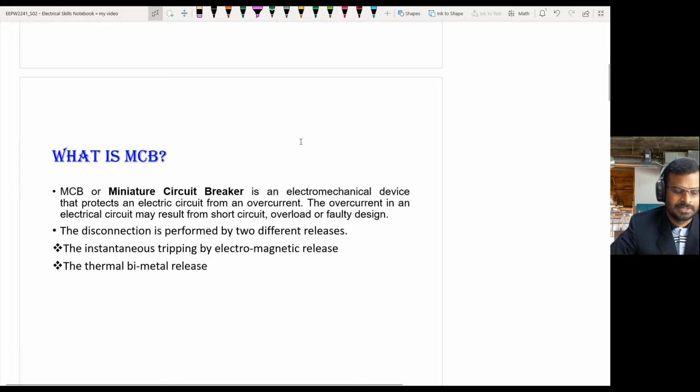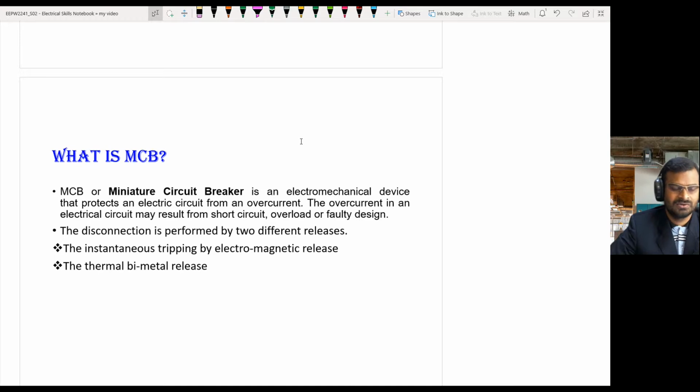So what is a short circuit? A short circuit is a condition when the line and neutral come in contact without any proper load or resistance, or, in the case of a three-phase system, when more than two lines, or all three lines, are connected together, or three lines with neutral.